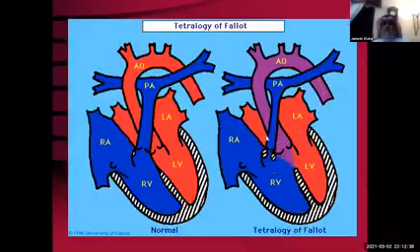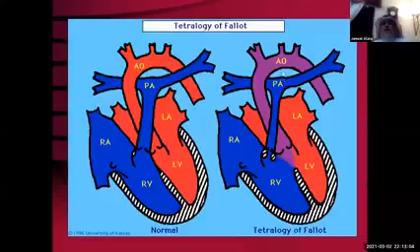If the stenosis is not that severe, let's say moderate to severe, then a bit more blood will go to the pulmonary arteries, and the saturation will be better. But is that the only source of increased pulmonary artery flow in tetralogy of Fallot? No. There are other sources of blood for the pulmonary arteries.